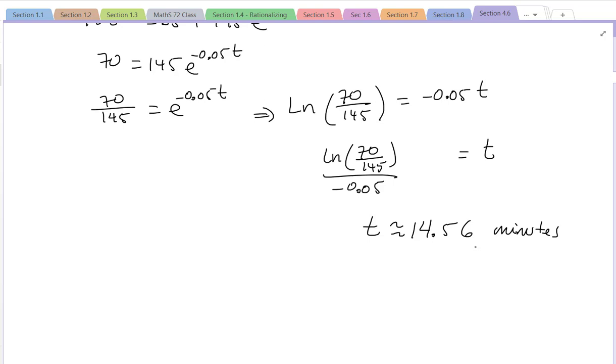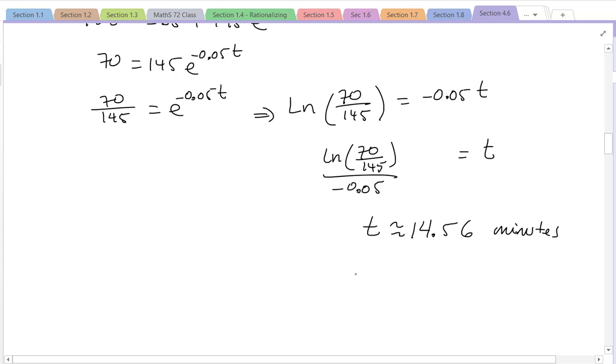You can either convert the 0.56 to seconds by multiplying 0.56 times 60, or you can round it to 15 minutes. So pay attention to how you are being asked to write your answers: in minutes and seconds, rounded to the nearest minute, or leave it as it is.